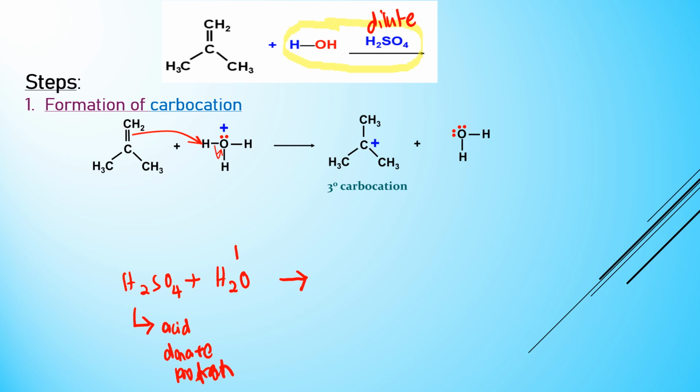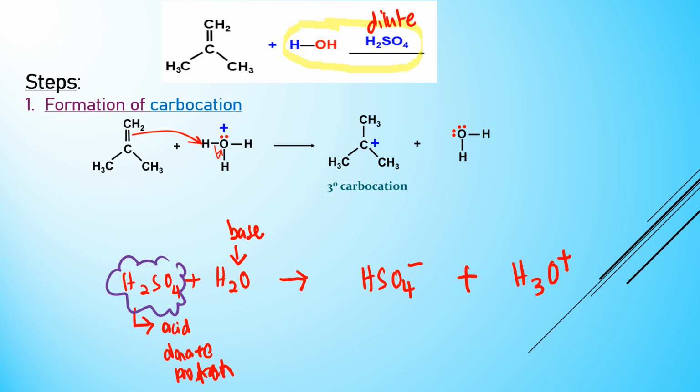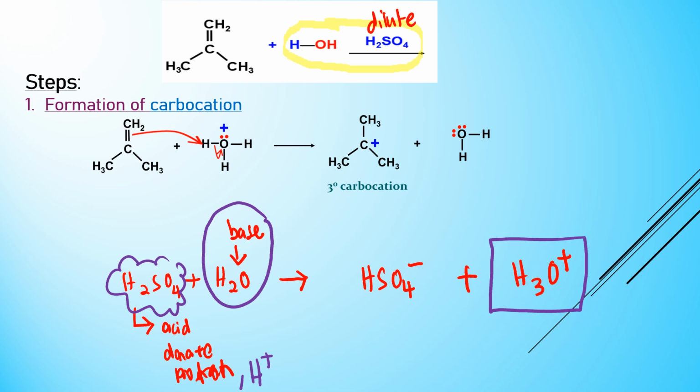the Bronsted-Lowry definition. H2O acts as a base. So we will get HSO4 minus and also H3O+. You already learned this in Semester 1, where H2SO4 donates a proton. A proton means H plus is donated. The base will accept a proton. That is why H2O forms H3O+.